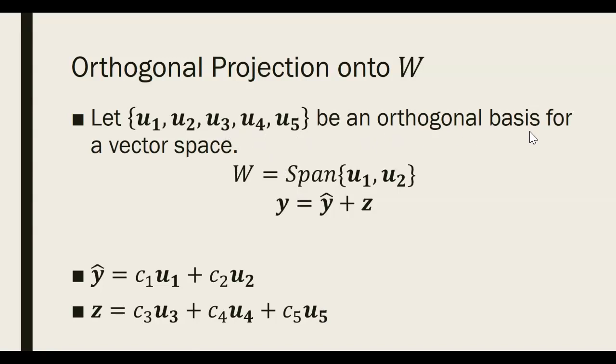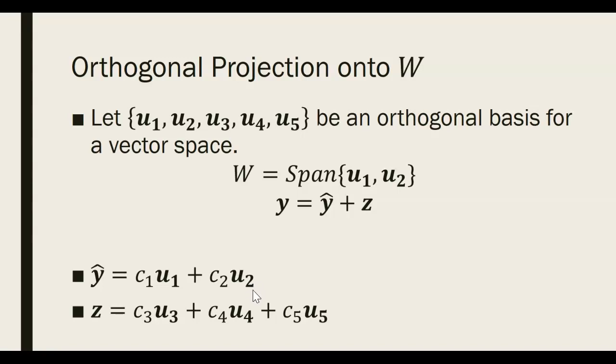from the orthogonal basis. Now, if we do this, because this is an orthogonal basis, this z, this linear combination, will be orthogonal to the y hat. It'll be orthogonal to U1 and U2.